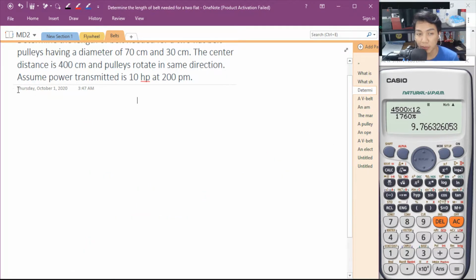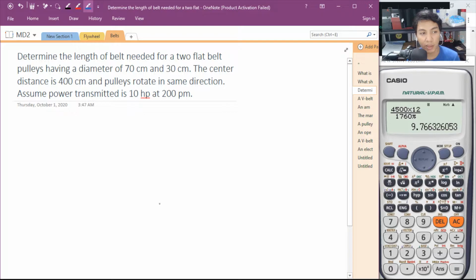How about number 3? Determine the length of the belt needed for 2 flat belt pulleys, having a diameter of 70 cm and 30 cm. The center distance is 400 cm and the pulleys rotate in the same direction. Ito na yung kanilang clue.